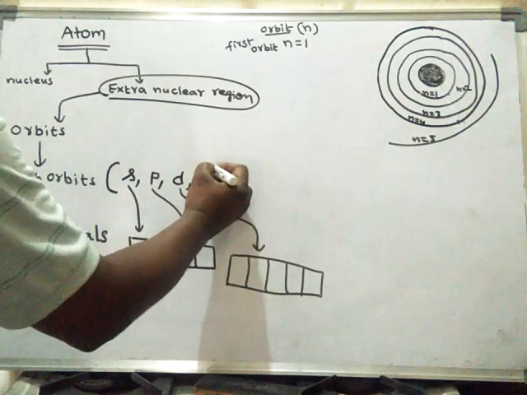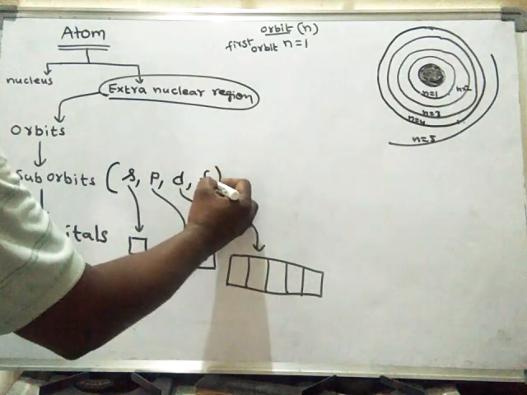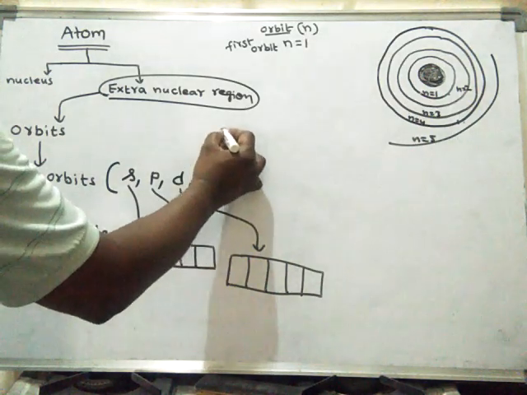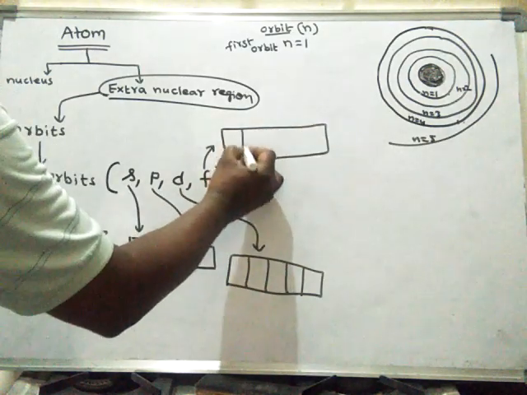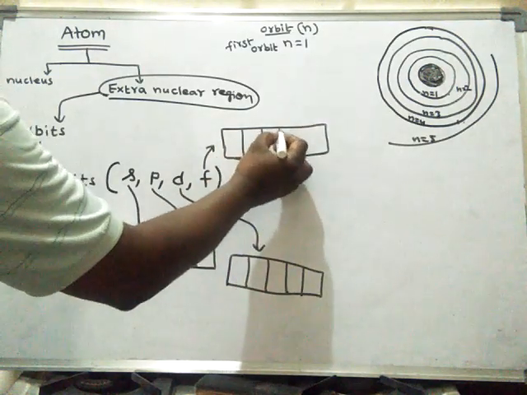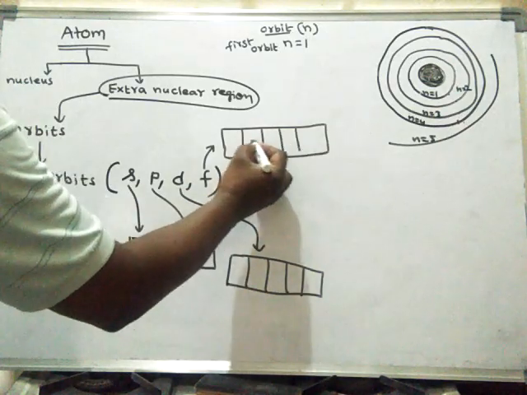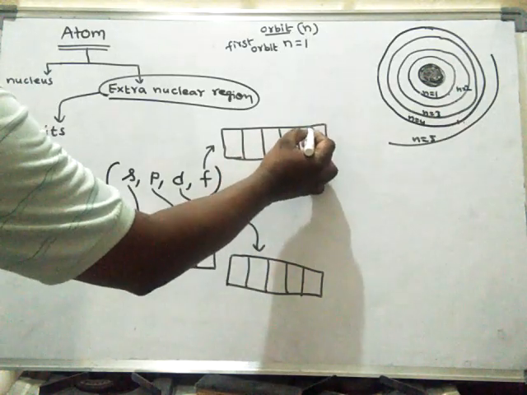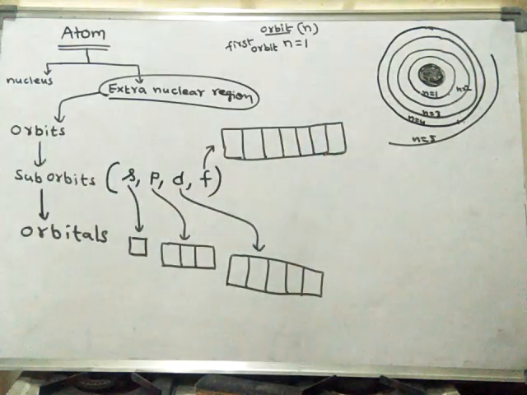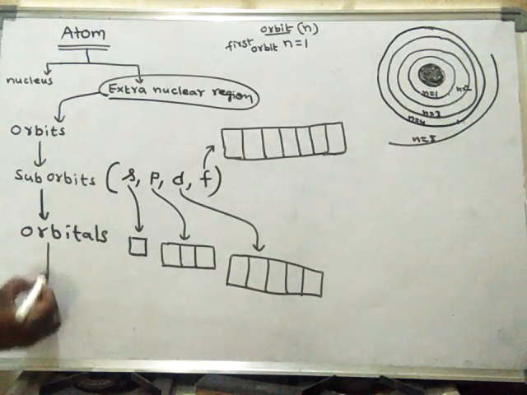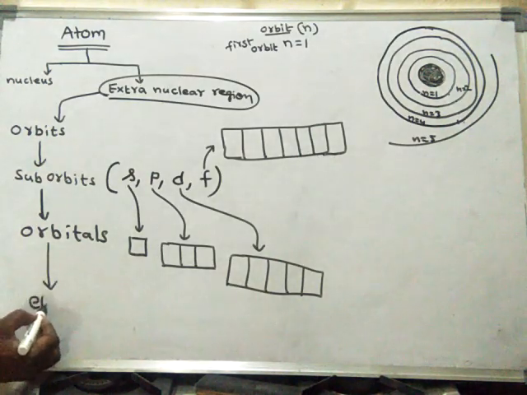And the F suborbit contains 7 orbitals. Seven orbitals like this, and inside these orbitals you will find electrons.